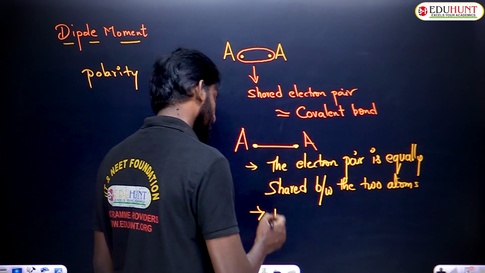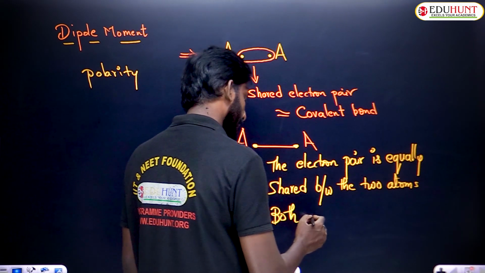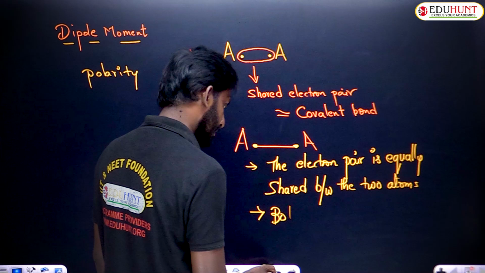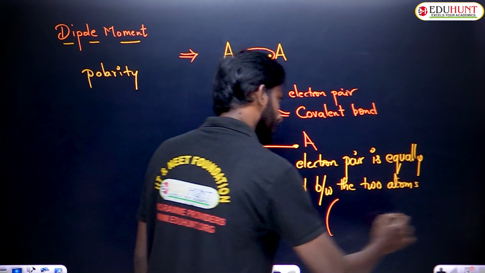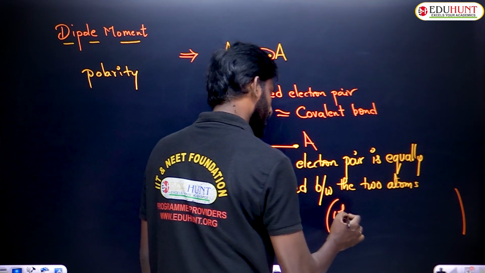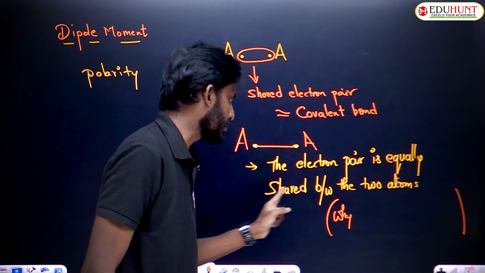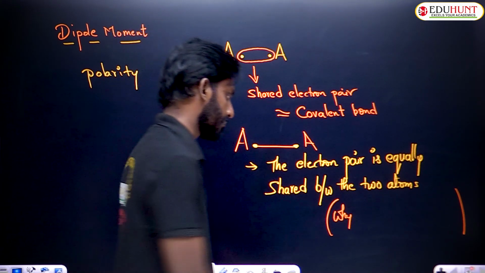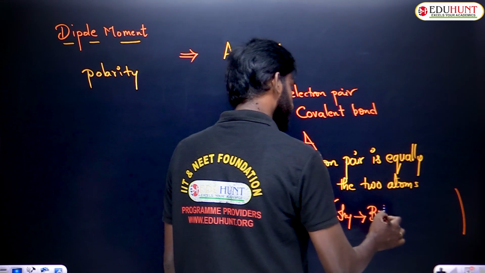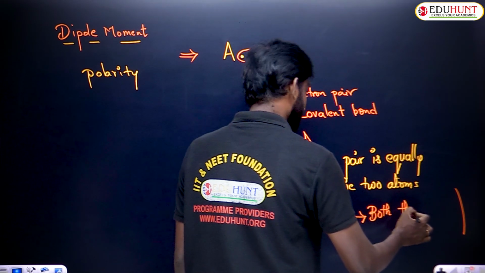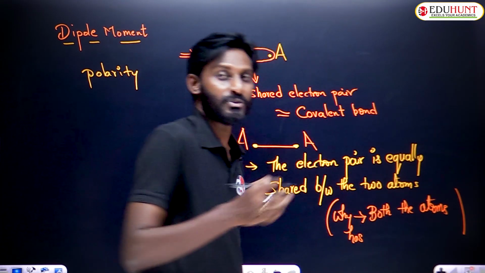You can write this point as a reason. I said the electron pair is equally shared between the two atoms. Why? Because both atoms have the same nuclear charge.